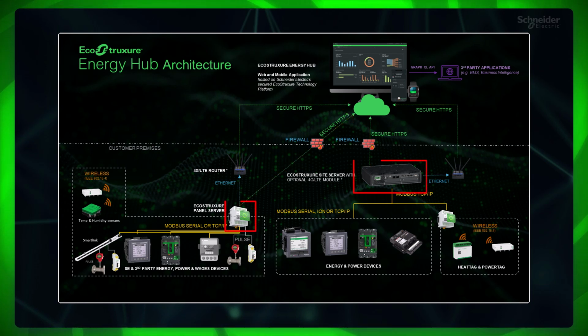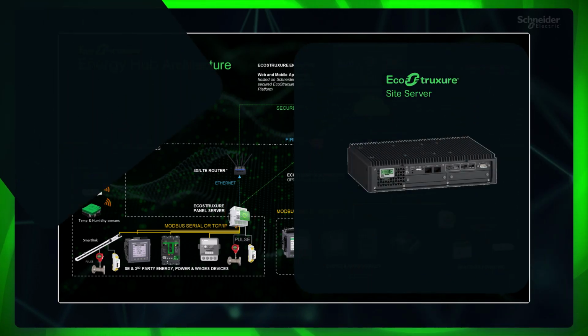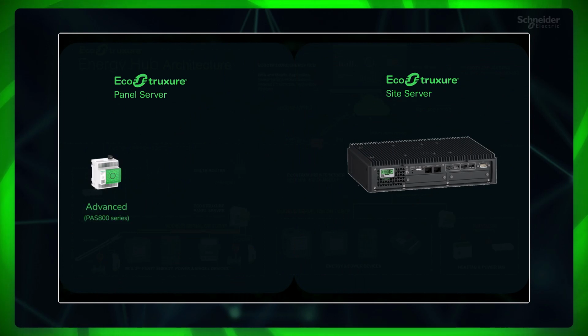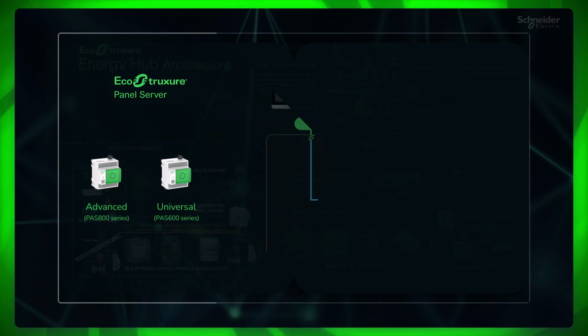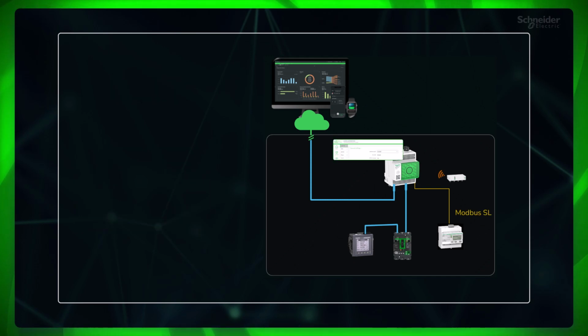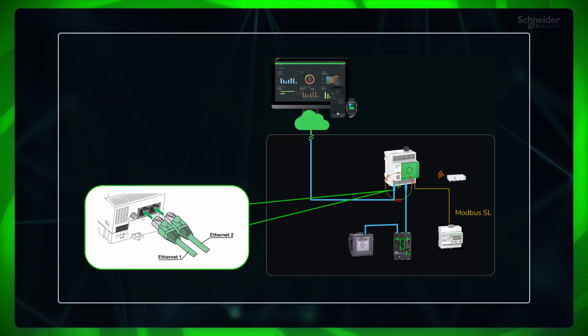The major gateways supported in Energy Hub are EcoStruxure Site Server and EcoStruxure Panel Server. In Panel Server, Advanced, Universal and Entry, that is, PAS 800 series, PAS 600 series and PAS 400 respectively, are supported. When the Advanced or Universal Panel Server is configured in switched Ethernet mode, which is the default setting, either ETH1 or ETH2 can be used for cloud connectivity.